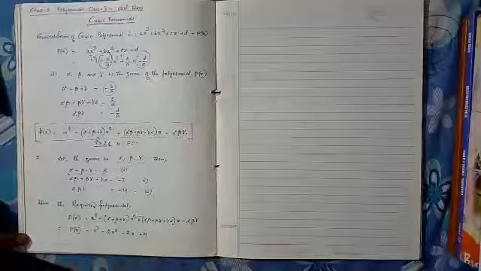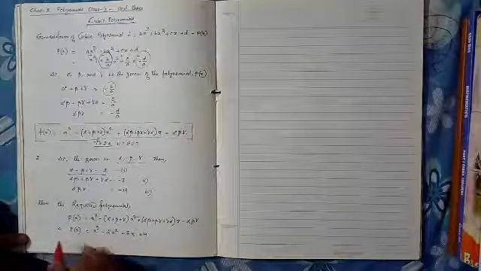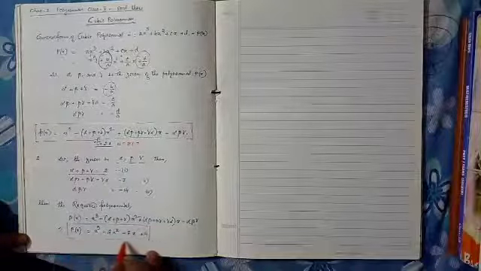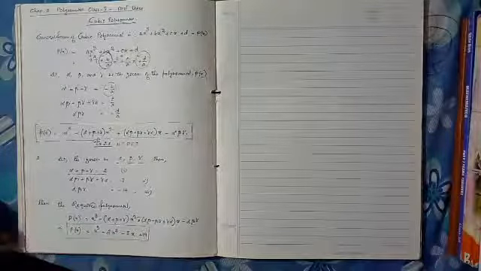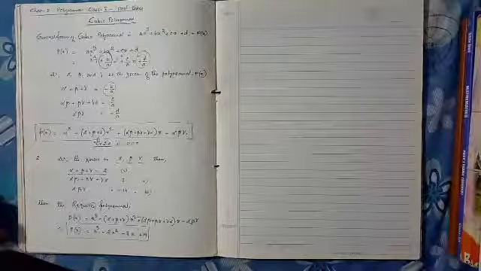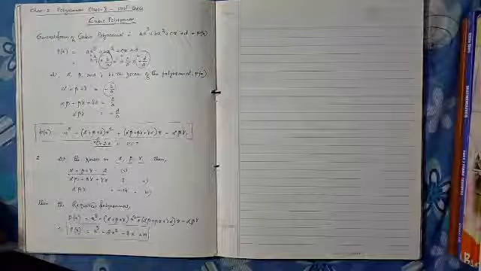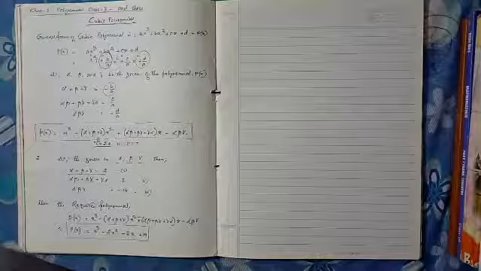So the required polynomial is p of x is equal to x cube minus 2x square minus 7x plus 14. Okay.